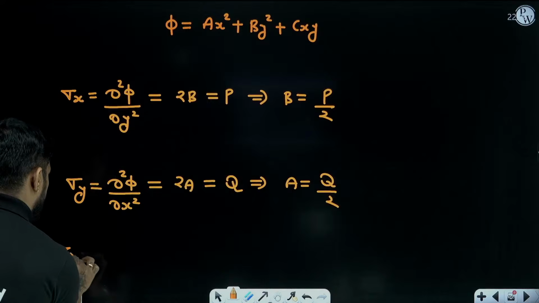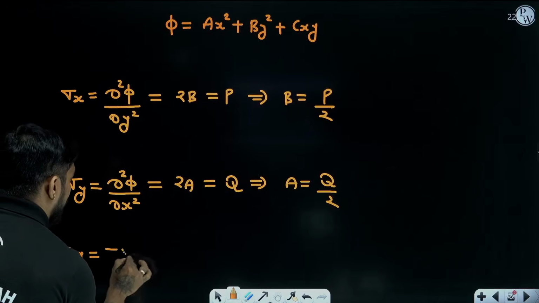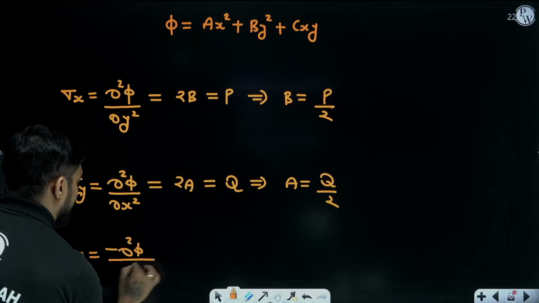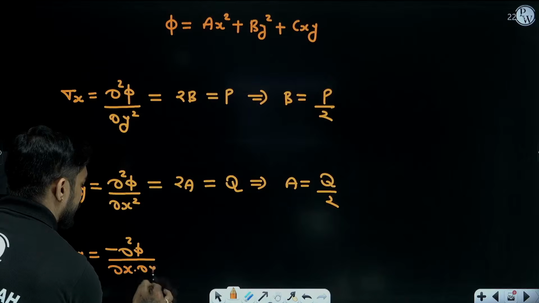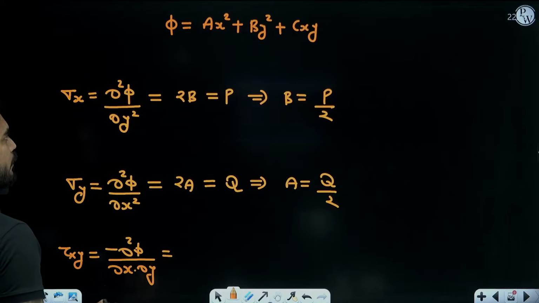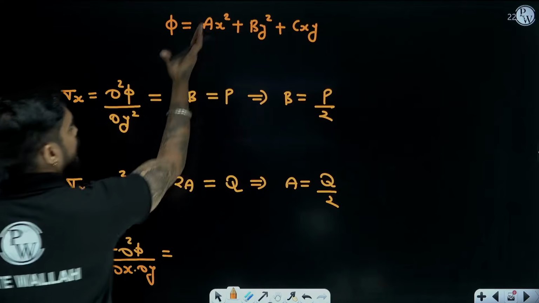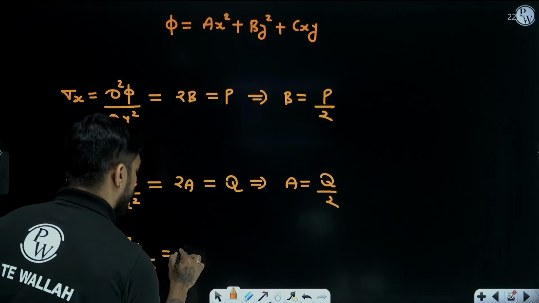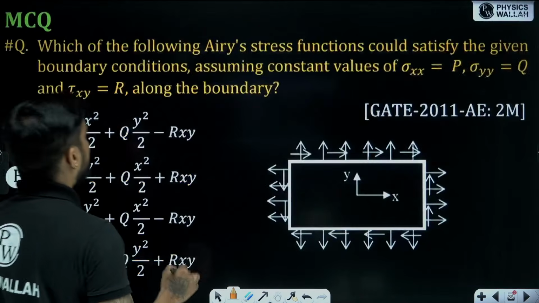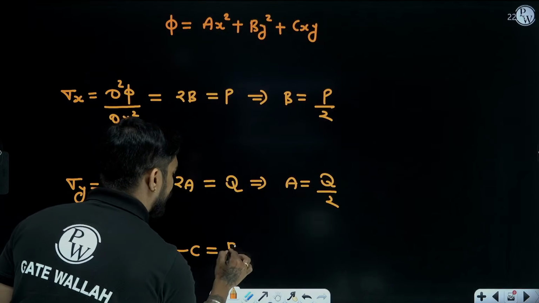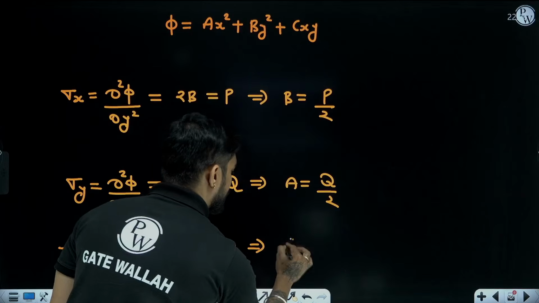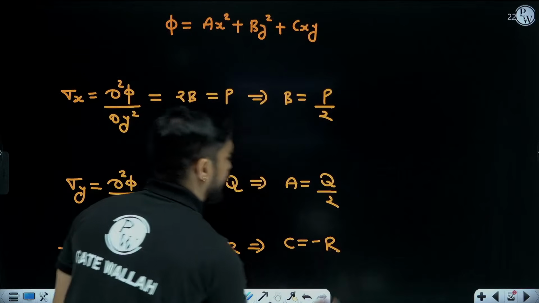Then tau xy is minus dou square phi by dou x into dou y. So if you differentiate it with respect to x and y, this and this will become 0, this will become minus c, and tau xy is r. So from here c is equal to minus r.